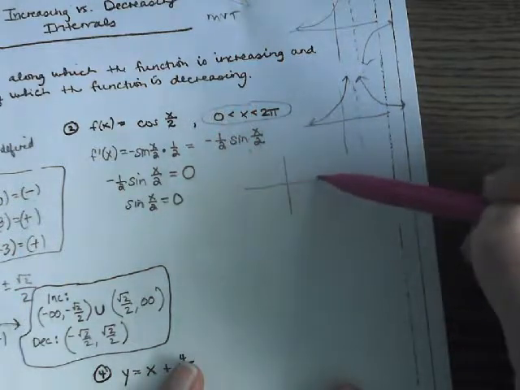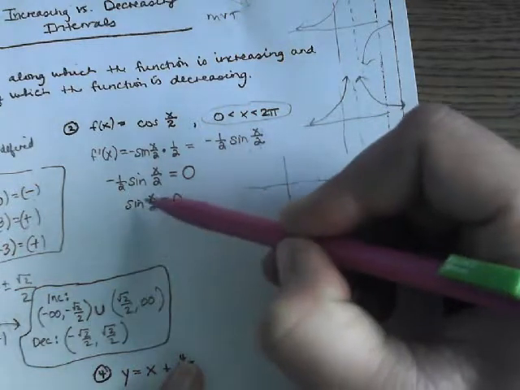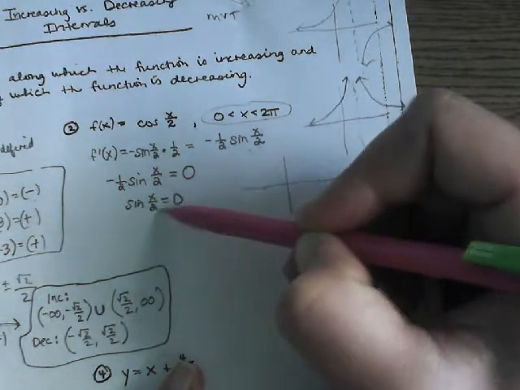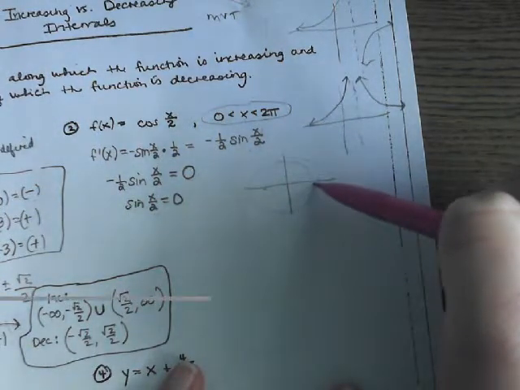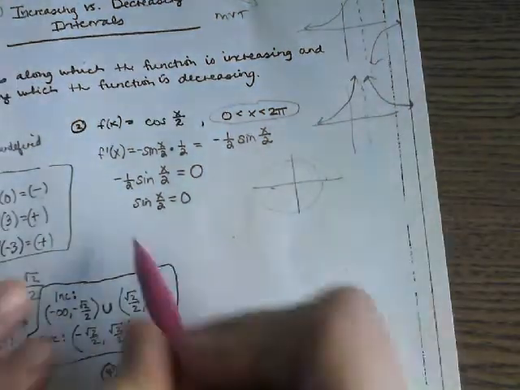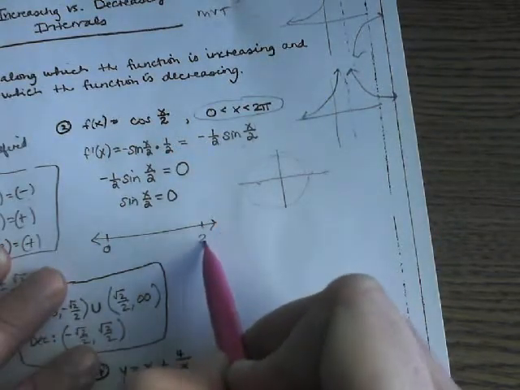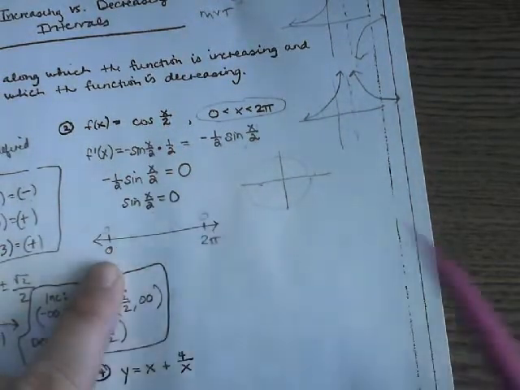If I plug in pi, that's the sine of, ends up being the sine of 90. So 2 pi, right? True, but that still sets, so there's no fluctuation in between, and we would never say it's increasing or decreasing right at those endpoints because they're out of interval, but what is happening between those?